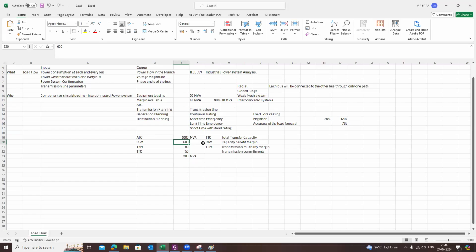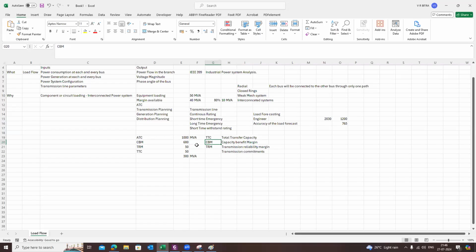That is why some capacity margin has been allotted and shall be considered for this 600 MVA of the existing system. So this capacity benefit margin is for emergency conditions. Is it clear? Yes, understood, sir. Right.